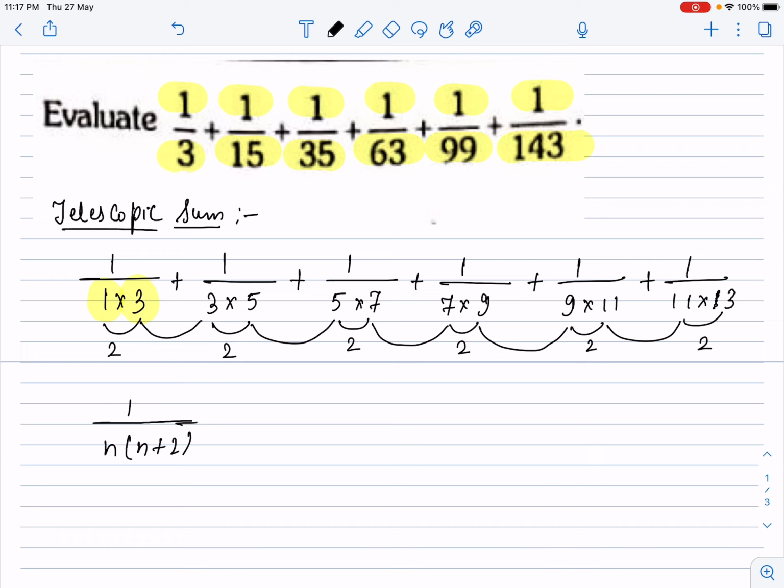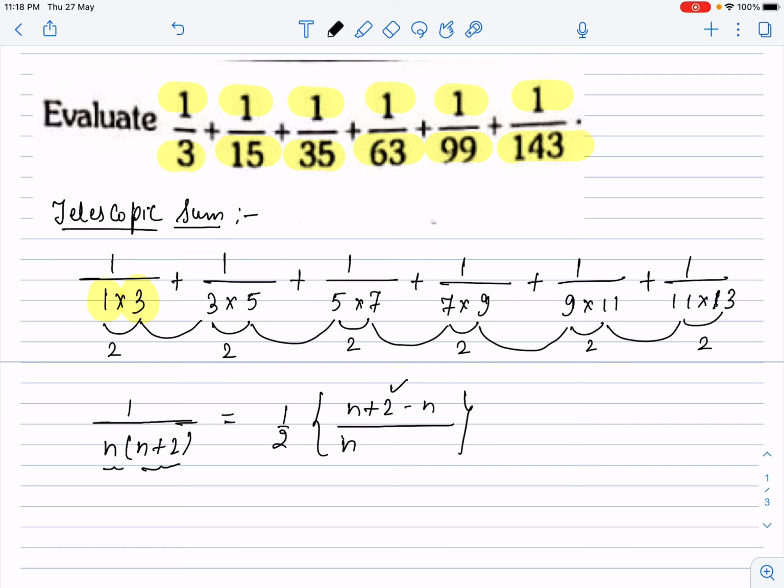So sir, just tell us how to go through this telescopic sum. We write the numerator as the bigger number minus the smaller number in the denominator. So n plus 2 minus n will be written in the numerator. Minus n and plus n get cancelled, but I will divide it by 2 because I have multiplied my fraction by 2.